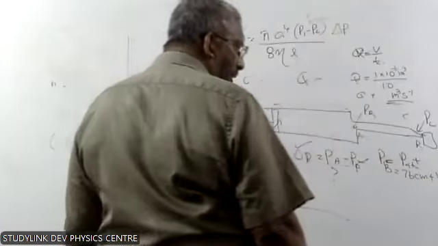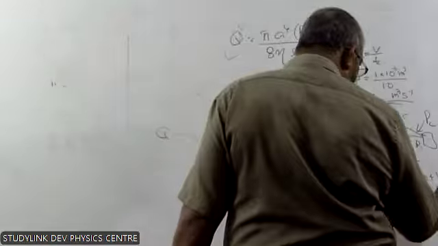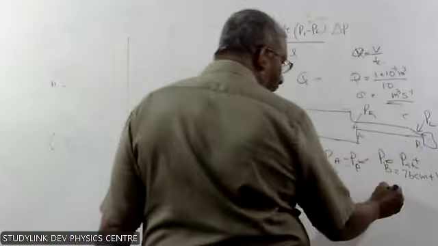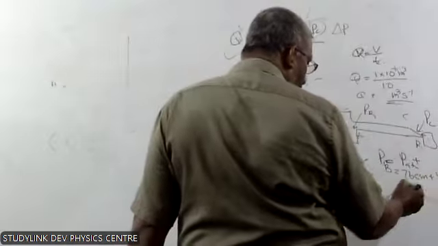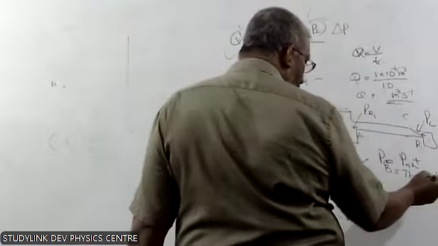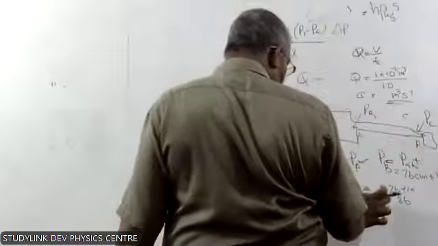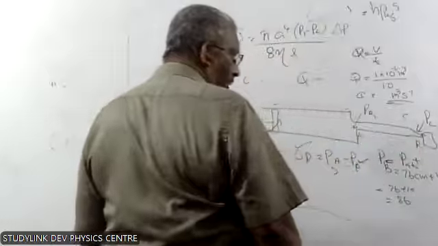If you consider it in centimeters, 100 millimeters divided by 10 is 10 centimeters, so you can take everything together, 76 plus 10, then 86. After that, use h rho g and get the new value of PB.